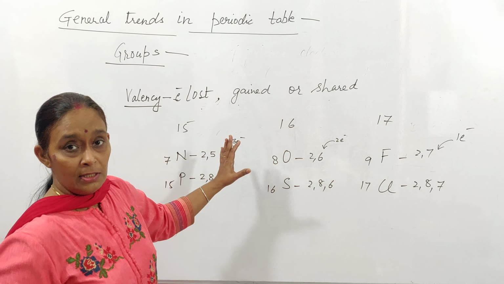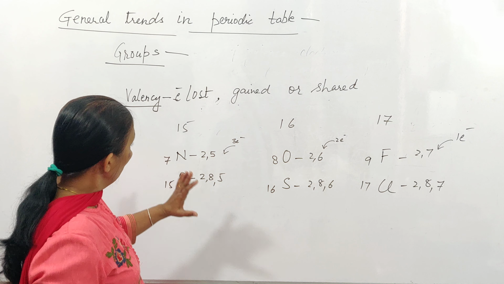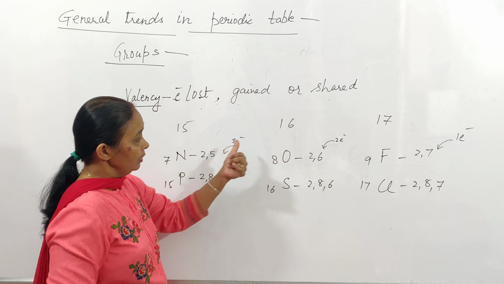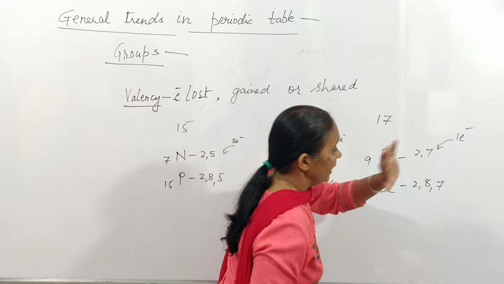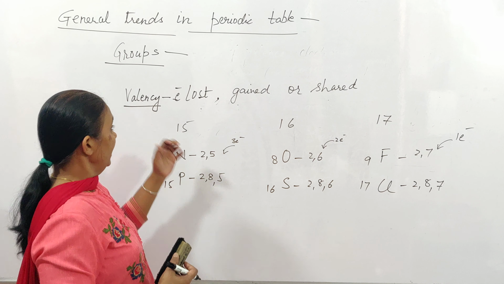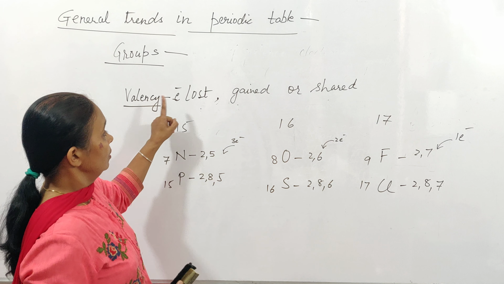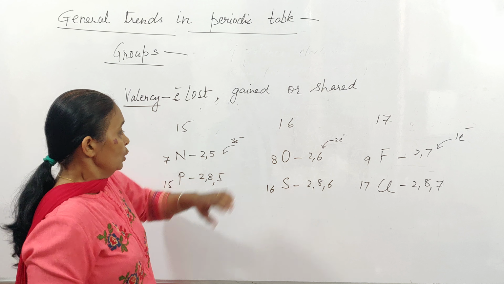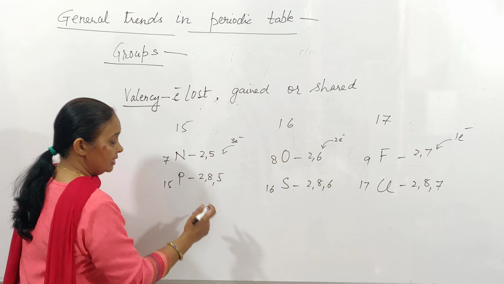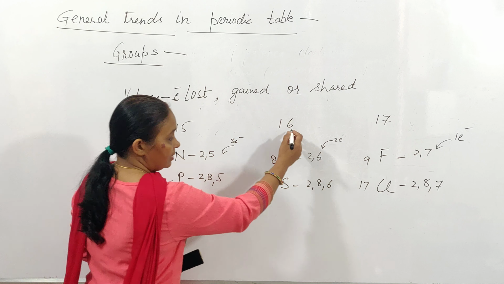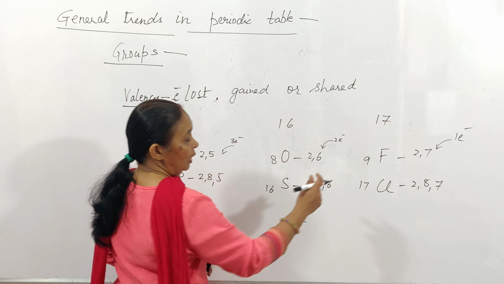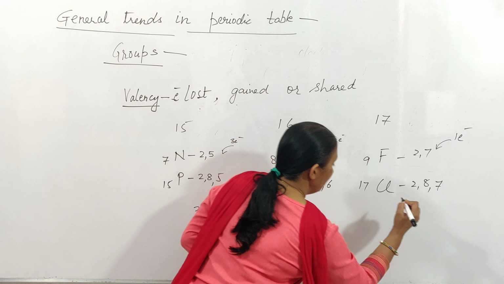So these elements are going to gain 3, 2 and 1 electrons respectively. Again you can say that valency is electrons gained. So 15th group element will have valency 3, 16th group have valency 2 and 17th group will have valency 1.